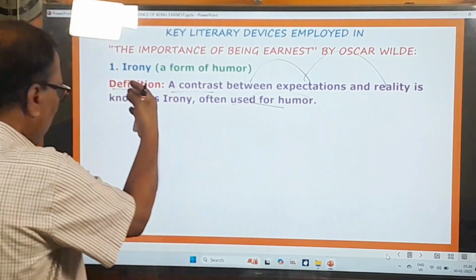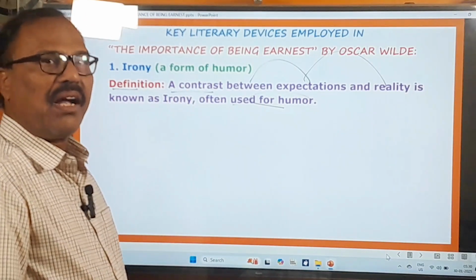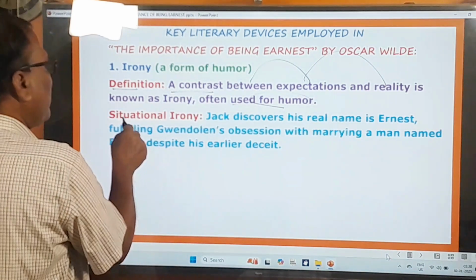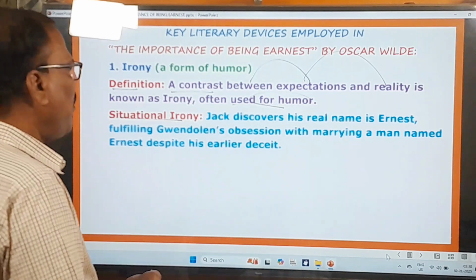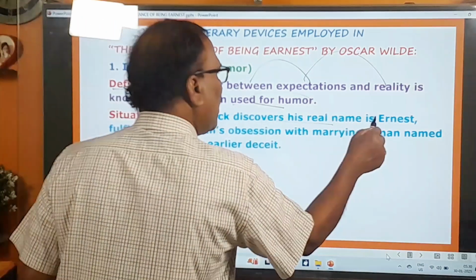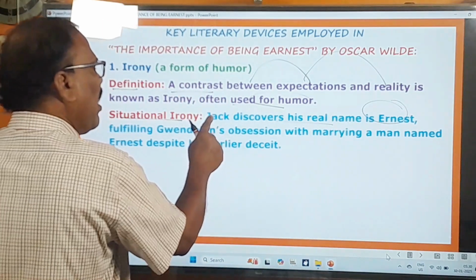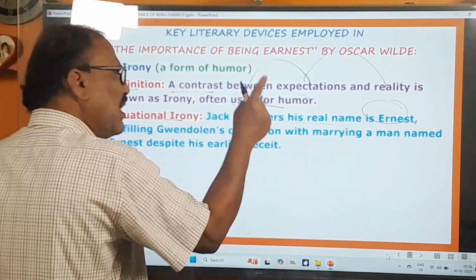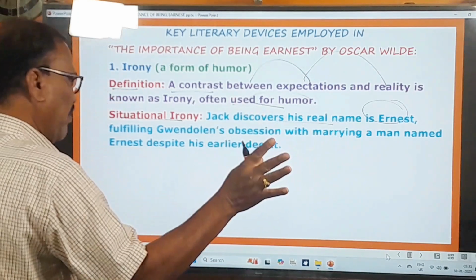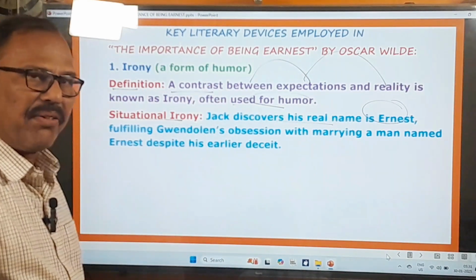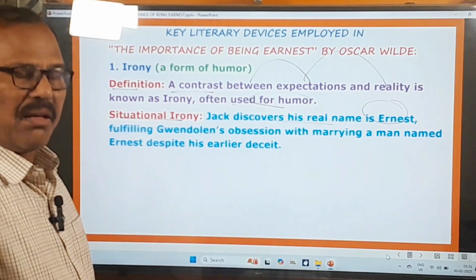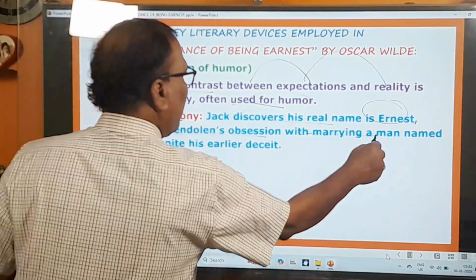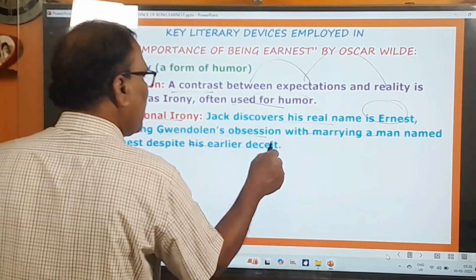Here in this drama we are going to see three kinds of irony. Let us look at the first one, situational irony. Situational irony means what? Jock discovers his real name is Ernest. You know very well that at the end of the drama Jock Worthing discovers that his real name is Ernest Worthing, through the governess of Cecily Cardew, that is Miss Prism, fulfilling Gwendolen's obsession with marrying a man named Ernest despite his earlier deceit.